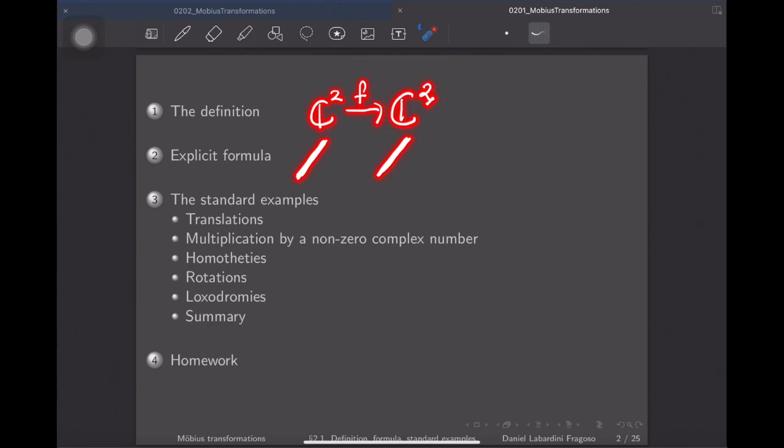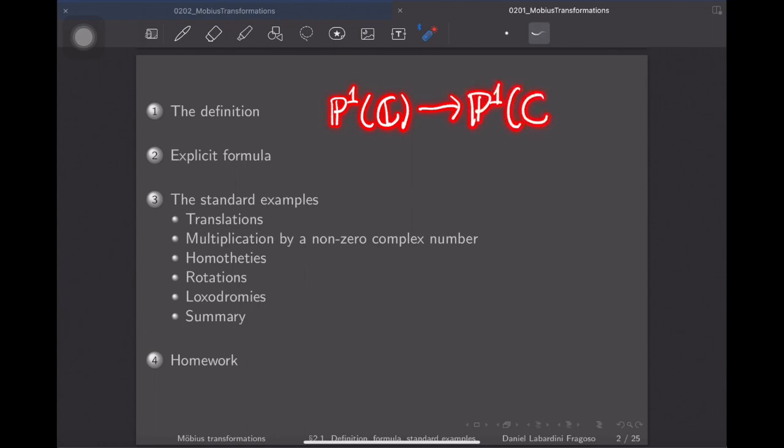So any bijective linear map induces a function, actually a homeomorphism from P1 to P1, so from the complex projective line to itself. And this we called mu sub f, the Möbius transformation associated to f.